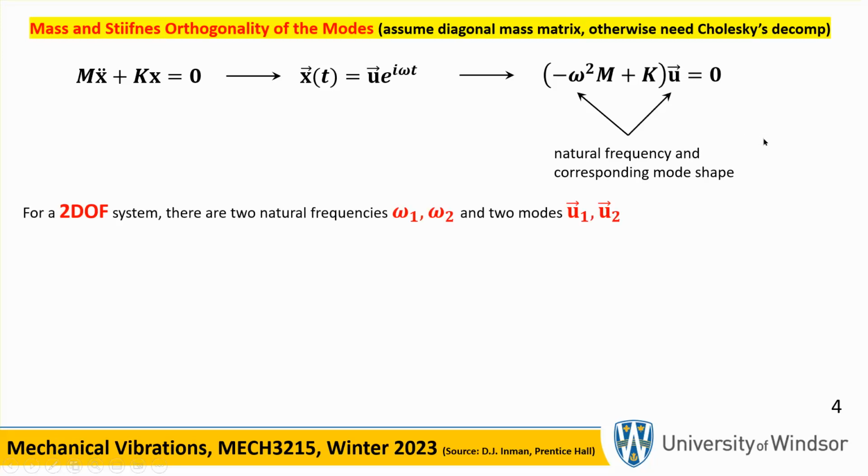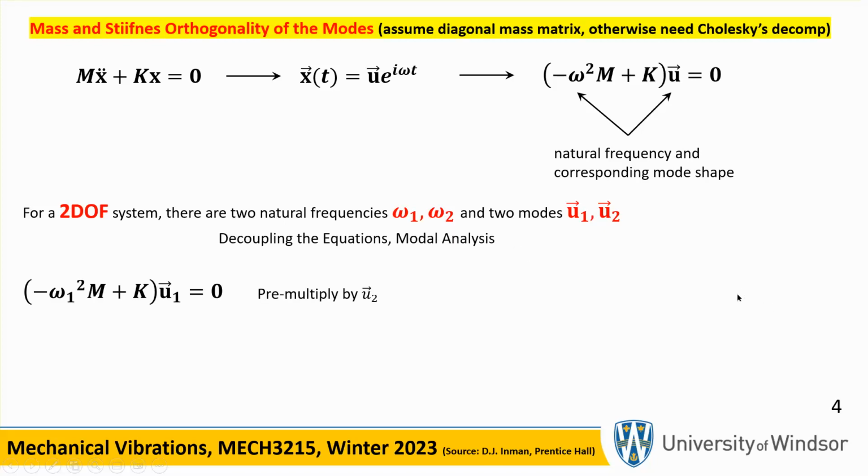I hope that you watched it. So this is a 2 degree of freedom system. There are two natural frequencies, omega 1 and omega 2. And for each one of these, there is one eigenvector, or eigenmode, or mode shape. These are called U1 and U2. So U1 goes with omega 1, and U2 is the vector, the mode shape associated with omega 2.